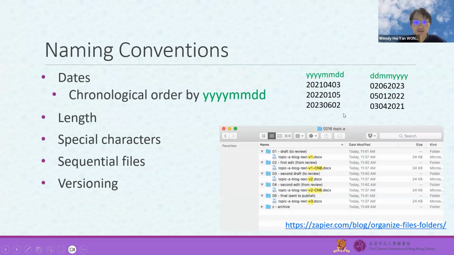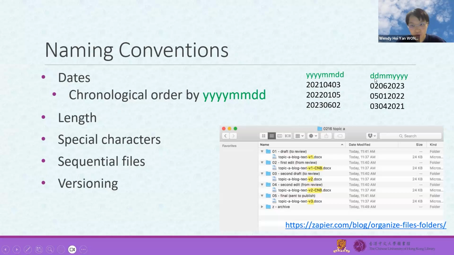I would strongly suggest you use the year first, because, for example, 2021, 22, 23, and then the difference in the month and the dates is not a problem to the chronological reading of your data file names.